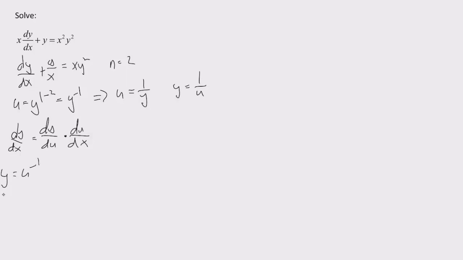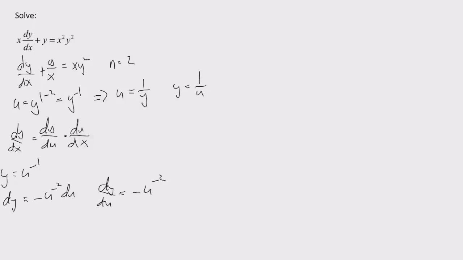Okay, so y is equal to u to the negative 1, in which case dy would be negative u to the negative 2 du, and so dy/du is negative u to the negative 2.